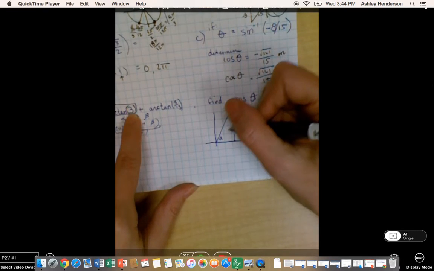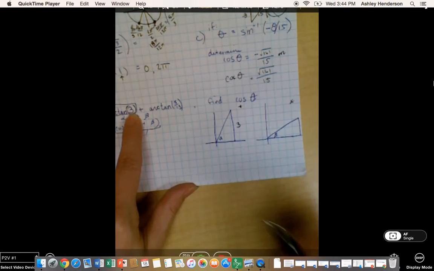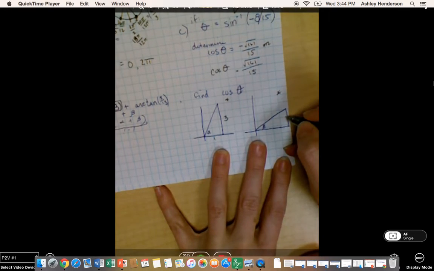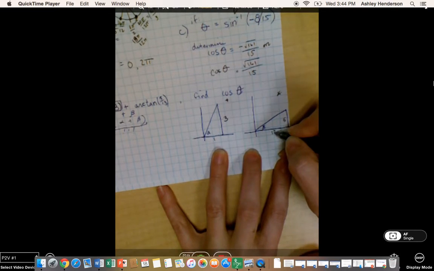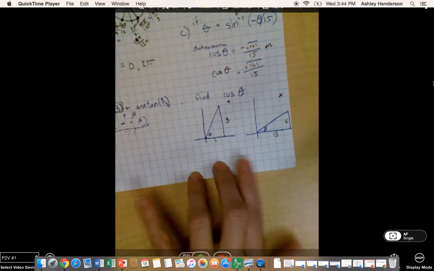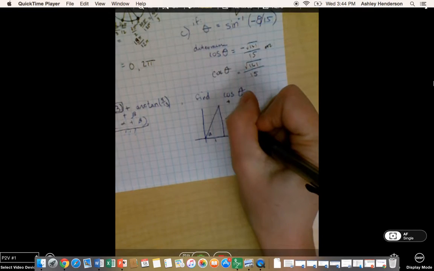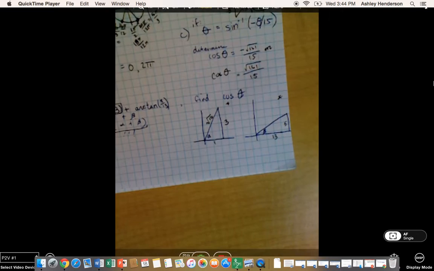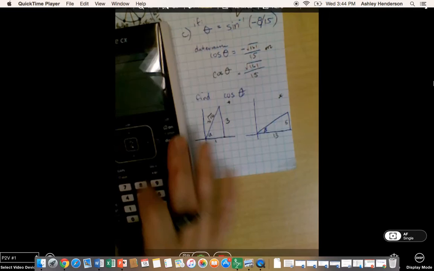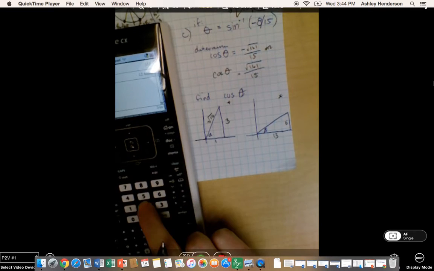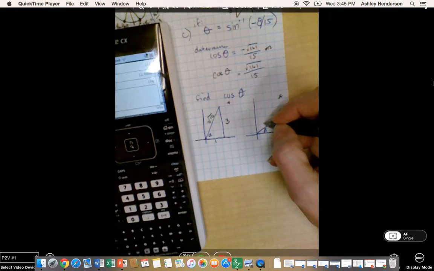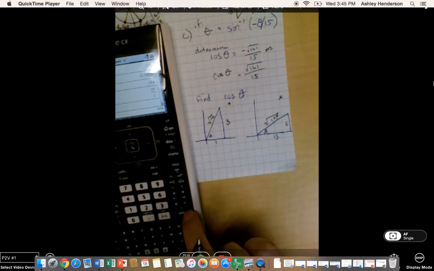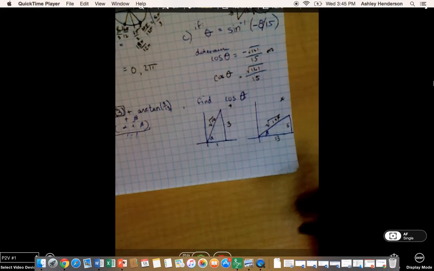Arctan is 3, so opposite, adjacent, and then over here opposite is 5, adjacent is 13, and I can use my Pythagorean identities again here. 9 plus 1 gives us 10, square root it for our hypotenuse, and then 169 plus 25 equals 194, so this is the square root of 194. And it doesn't look like 4 goes into it, so that would be the one I would look for to see if that simplifies.